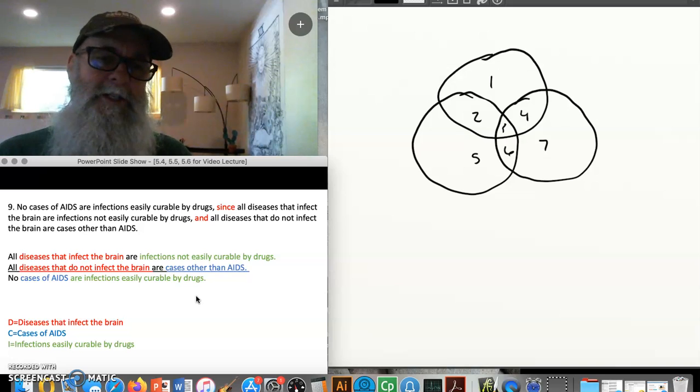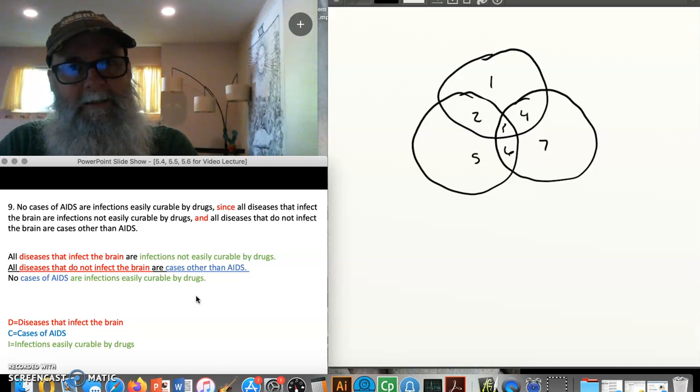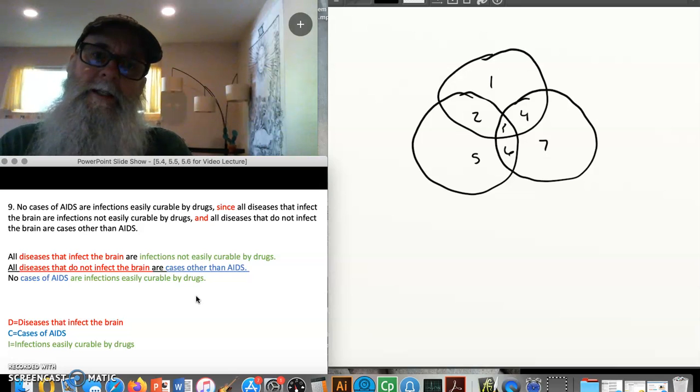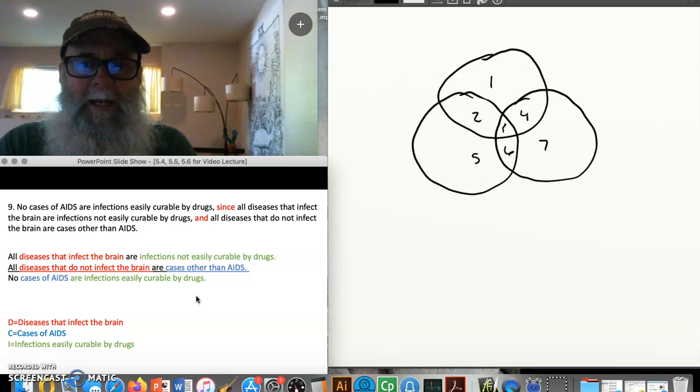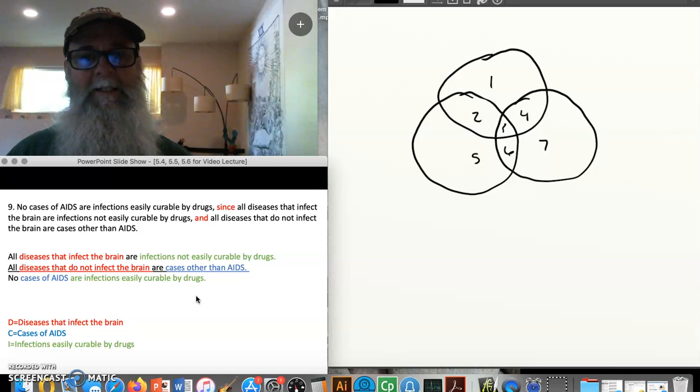So I'm going to use D to refer to diseases that infect the brain, and when I want to refer to diseases that do not infect the brain, I'll say non-D. I'll use C for cases of AIDS, and non-C for cases other than AIDS. And infections that are easily curable by drugs is going to be I, so infections that are not easily curable by drugs is going to be non-I.